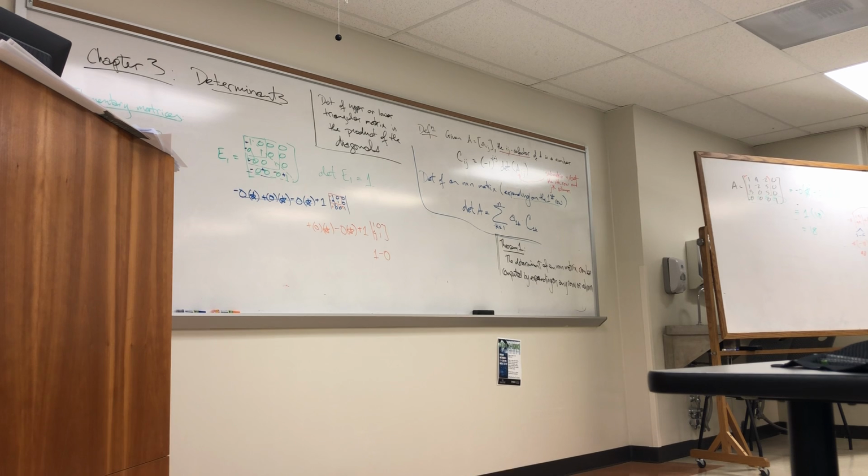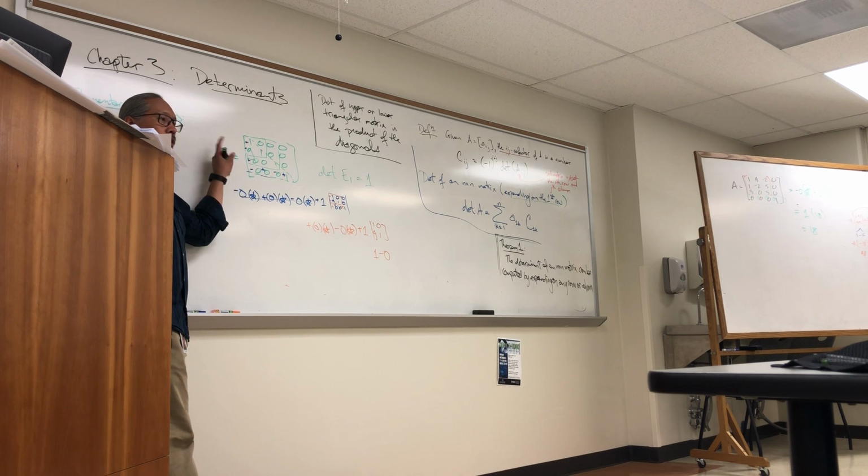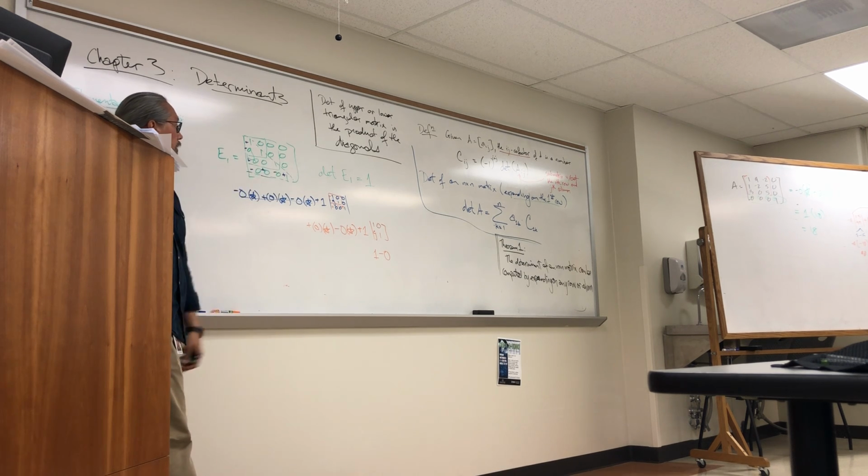So it's really just the product of the diagonals. And in this case, for an elementary matrix, since it's either upper or lower triangular depending on how you're adding something, your determinant is always going to be 1. That's interesting.